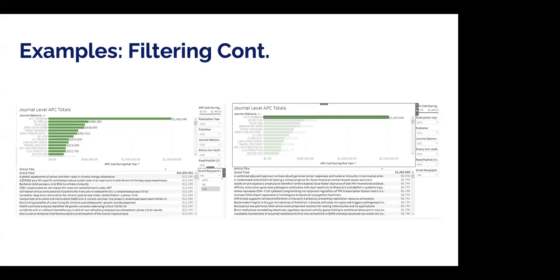So in the left view, you'll see the journal abbreviations in that top view, and the associated APC cost on the right end of those bars. At the bottom, you'll still see that table of associated APC costs for the individual articles, and then on the right, the same filtering.